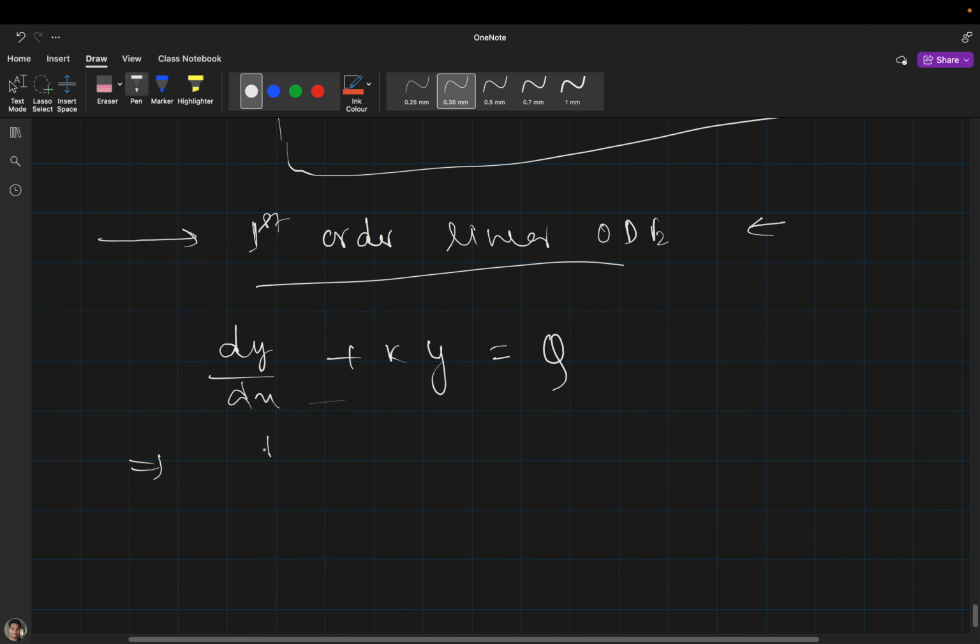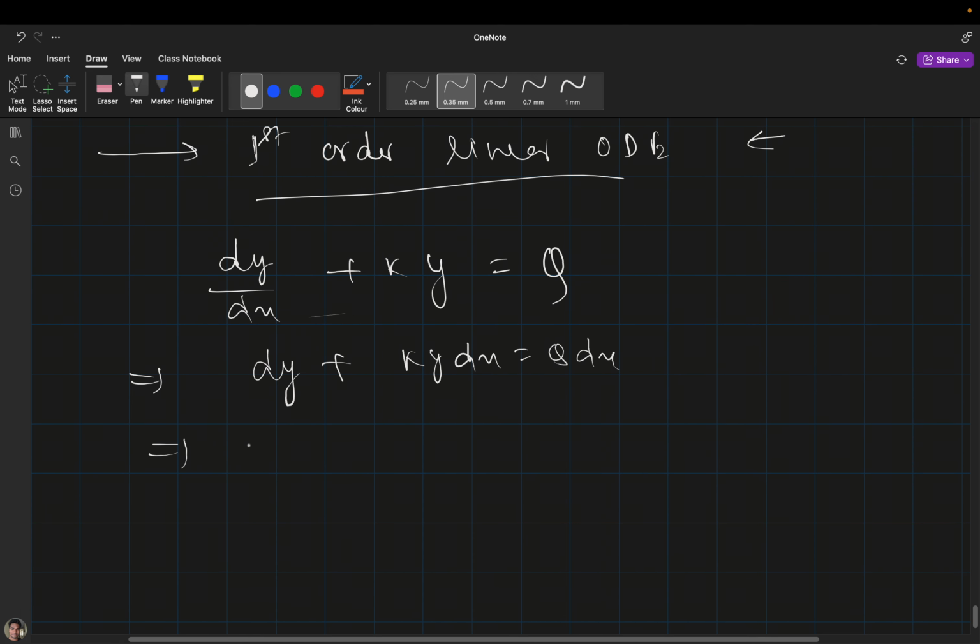Now I will try to convert this into m dx and n dy. Then you will see dy plus ky dx equal to q dx. Take dx as common, you will get (ky minus q) dx plus dy equal to 0. You can see that this is m and here 1, so that is n.